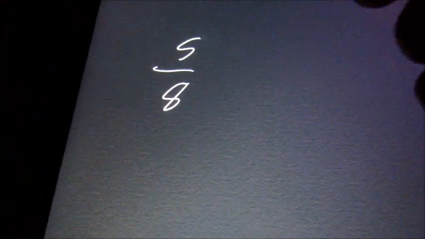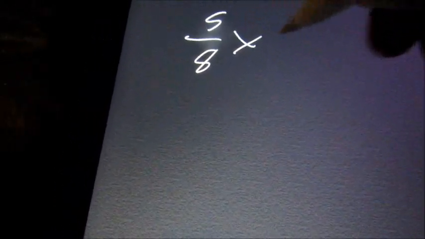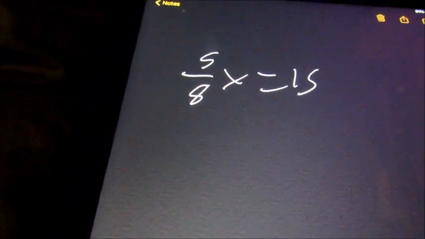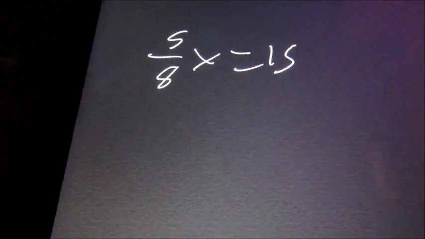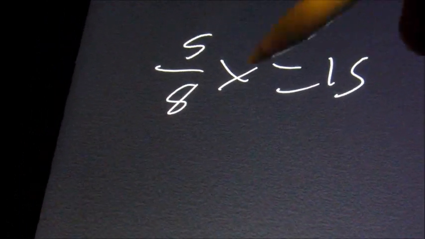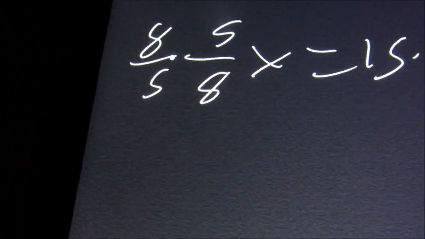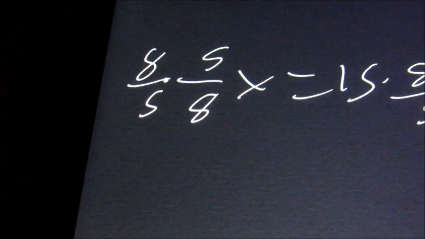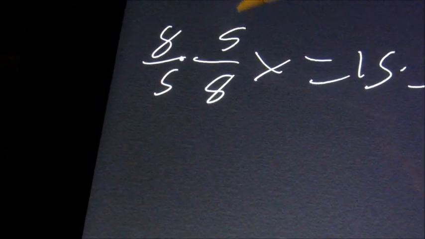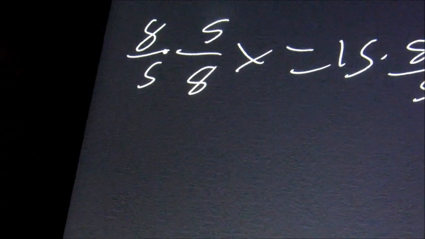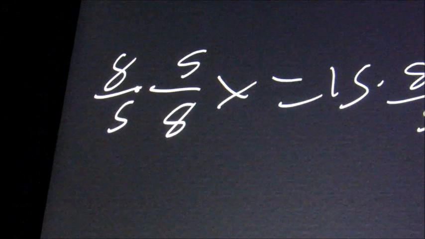Okay, next is 5 over 8 x equals 15. So I'm multiplying by 5 over 8 here. So when I have a fraction times a variable, I can just multiply both sides by the reciprocal, 8 over 5, because what I'm really doing is dividing both sides by 5 over 8, but if you remember, when you're dividing, what you do is you flip the second fraction and you turn it into multiplication.